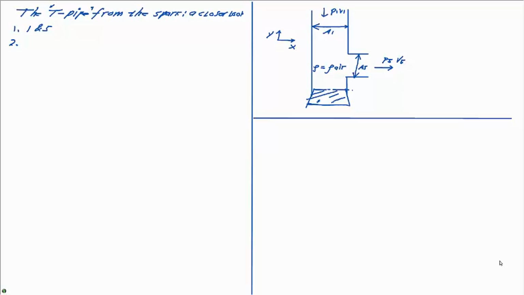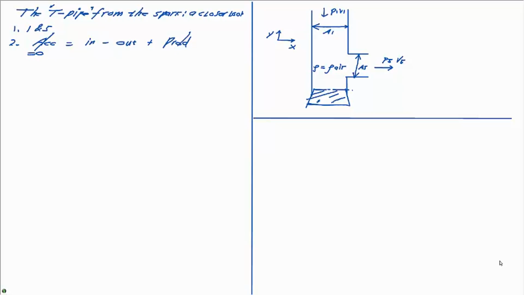Question 2. Let's put the equation for the general balance. Accumulation is in minus out plus production. Now, this problem is in steady state, so the accumulation term is 0.